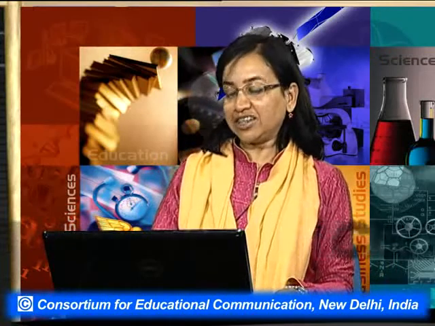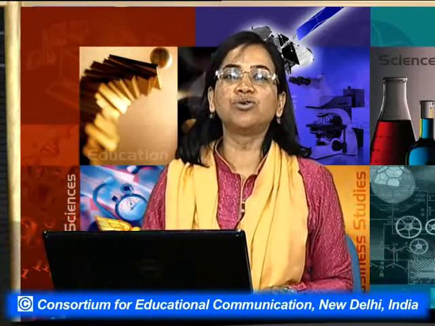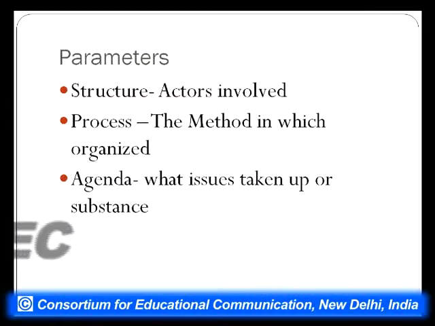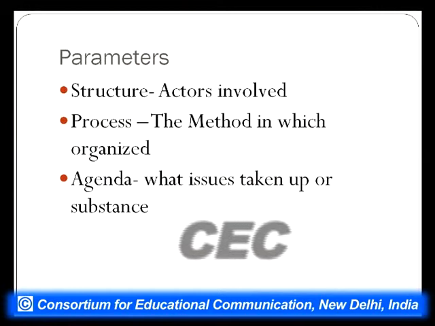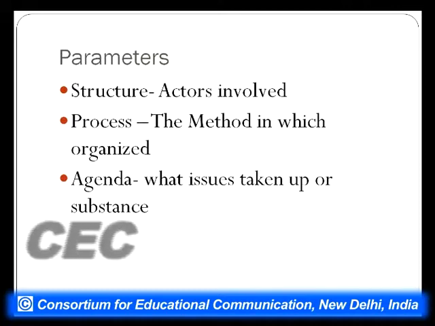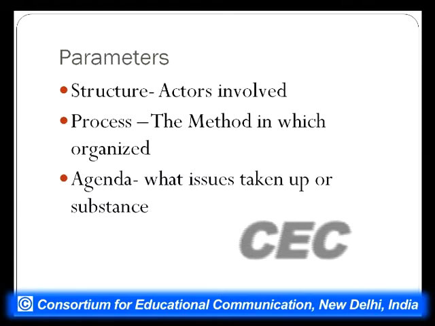Now, beginning with diplomacy, as I told you, to distinguish between the different types of diplomacy, there are certain parameters that we take into account. The first parameter is the structure, that is, what are the different actors involved in diplomacy. The second thing that we look at are the processes, the methods in which diplomacy is organized.